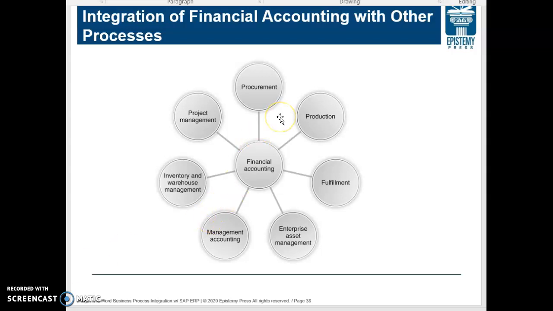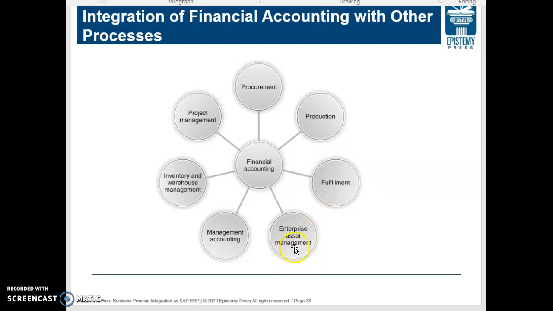So another thing to keep in mind is, again, financial accounting interacts with all the different types of processes. Buying: we keep track of what we owe our suppliers. Making: controlling the cost exchanges and the cost centers. Fulfillment, which is selling: we have to keep track of what our customers owe us.